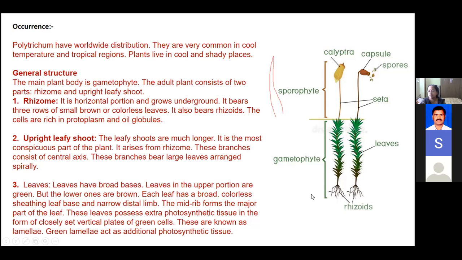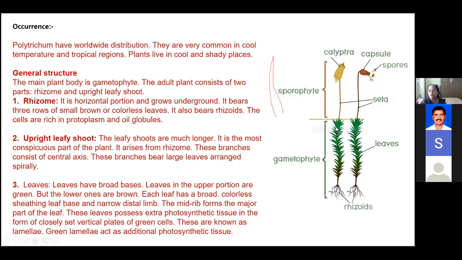Once again, just like Marchantia, it is dioecious. That means the male plant is separate and the female plant is separate. In the male plant, at the top of the central male axis, in this cluster, we can see the development of the male sexual organ called the antheridia.